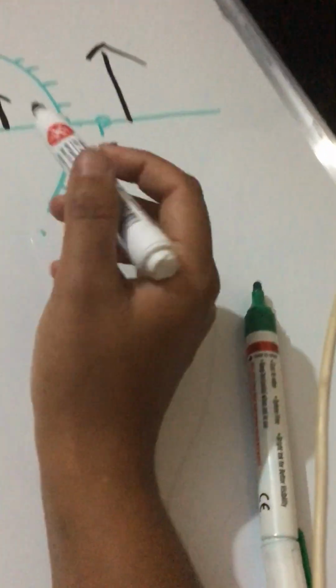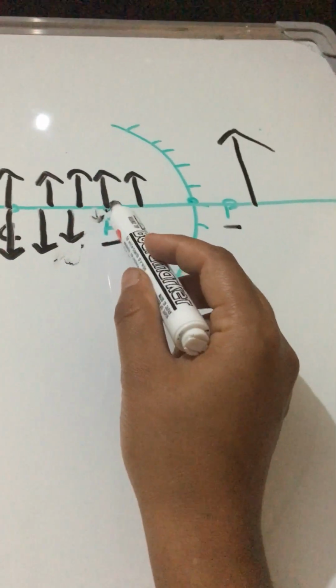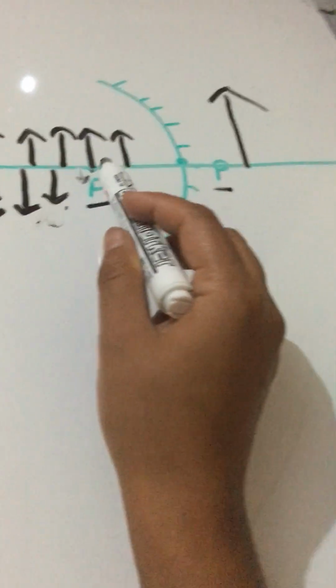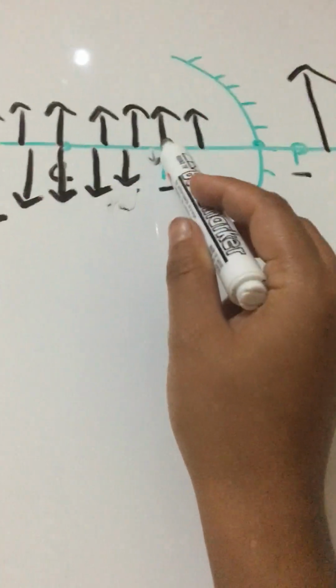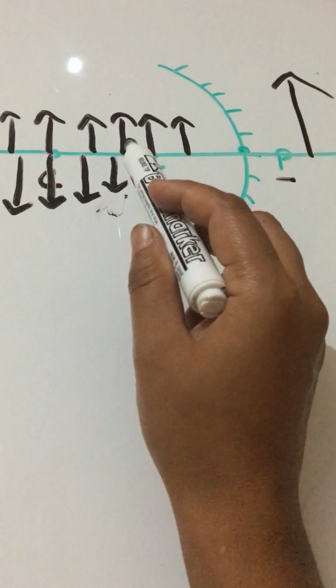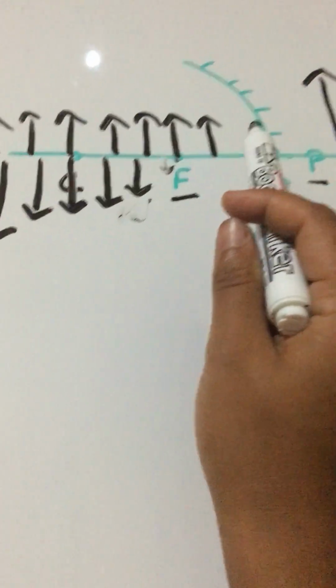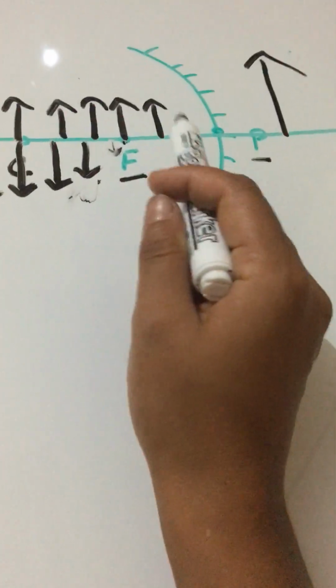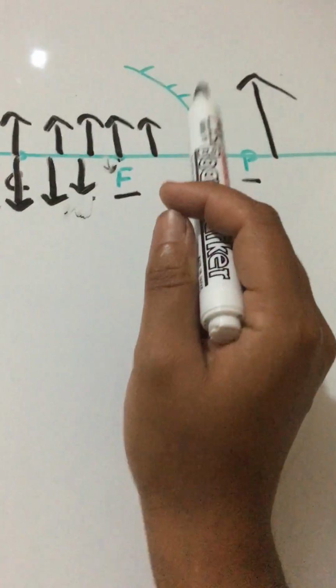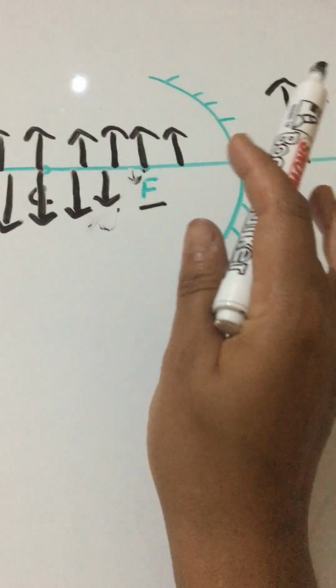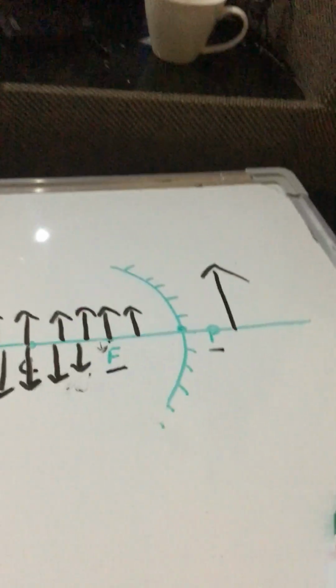As the object is moving from the focus towards the pole, the image will get magnified, and because of this the dentist uses the concave mirror. Let us see how the image of it will be formed.